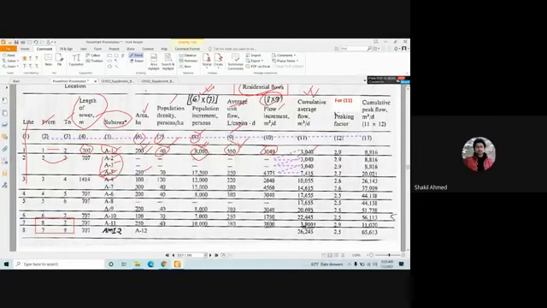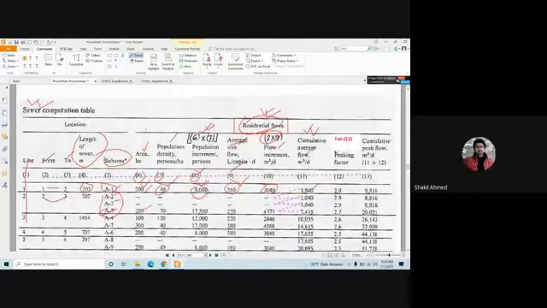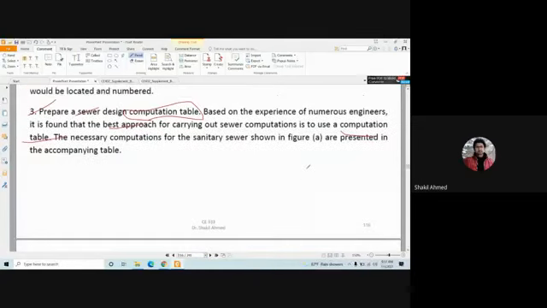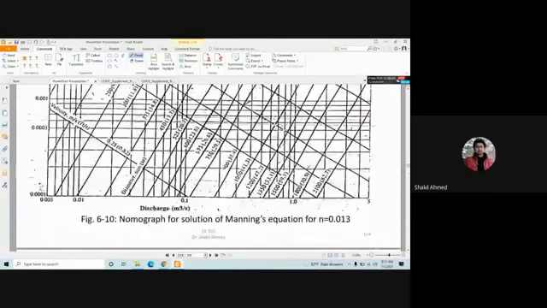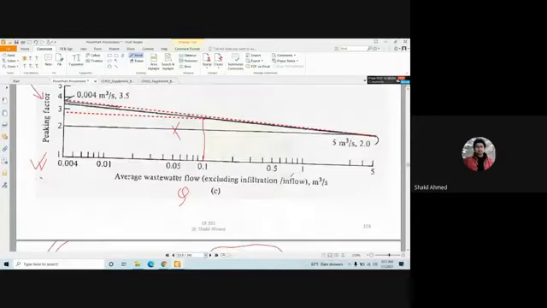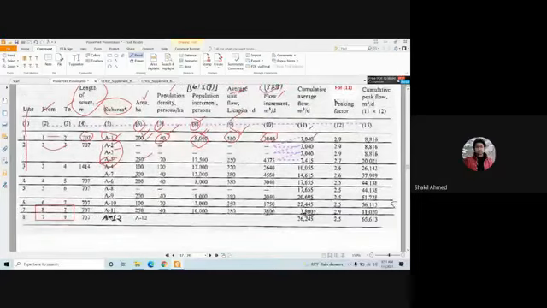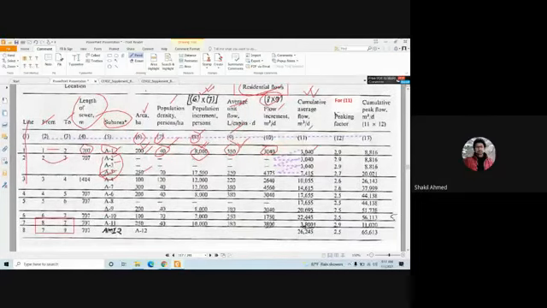3040 meter cube per day. This is average, right? 3040 meter cube per day. For the peaking factor, you have to go here. Convert it to meter cube per second, guys. Tell me what's the value, please.